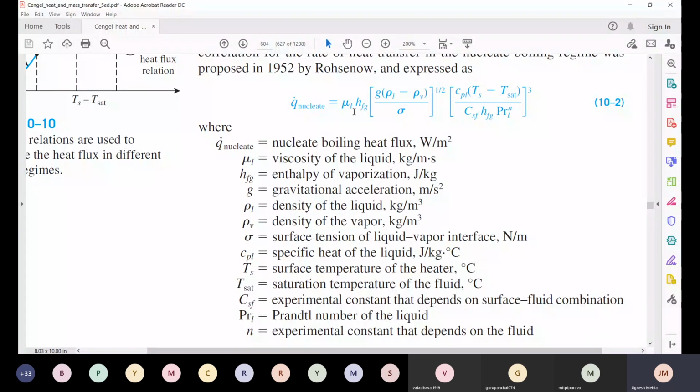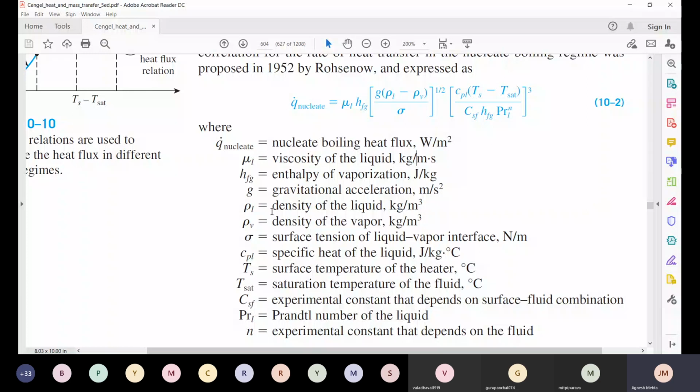viscosity. Some of the properties are that of liquid and some others are that of vapor. So mu L is the viscosity of the liquid in kg per meter second. And then HFG is the enthalpy of vaporization, g is gravitational acceleration, rho L is the density of liquid, rho V is the density of vapor, in kg per meter cube.